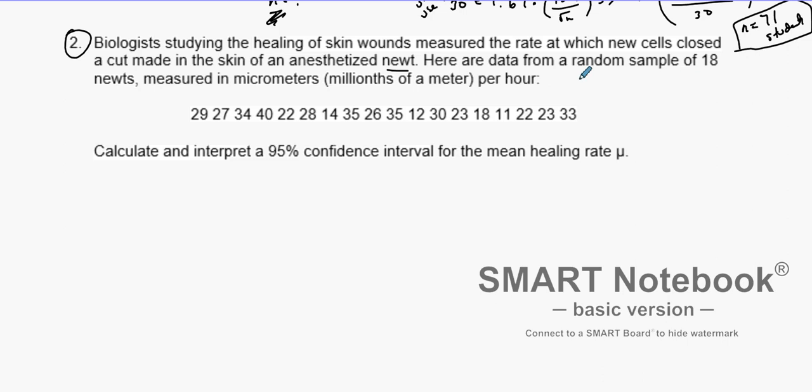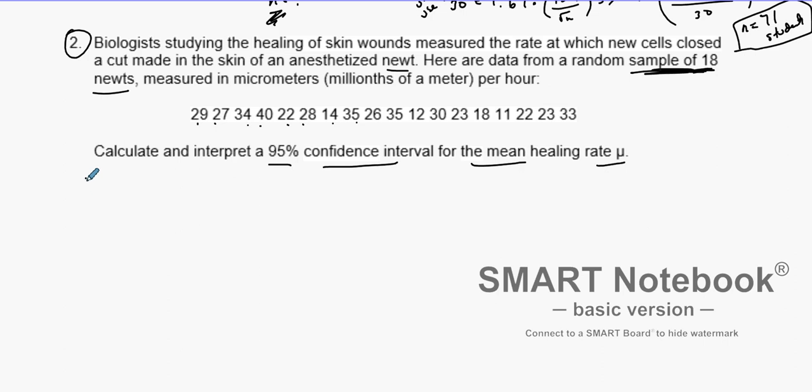Here's the data from a random sample of 18 newts, measured in micrometers, millionths of a meter per hour. Each one of these is a measurement per hour for the newts. We're going to calculate and interpret a 95% confidence interval for the mean healing rate.